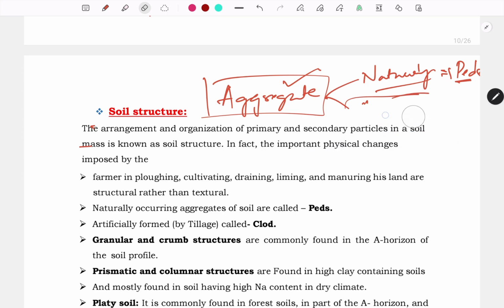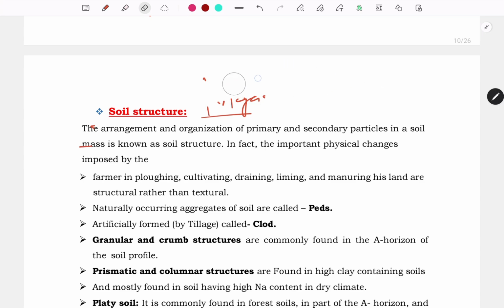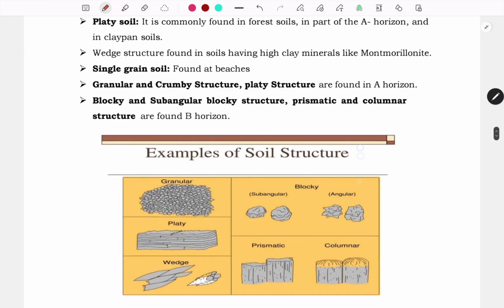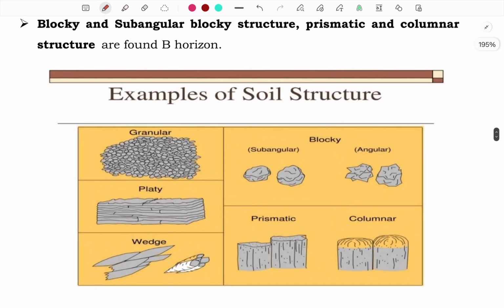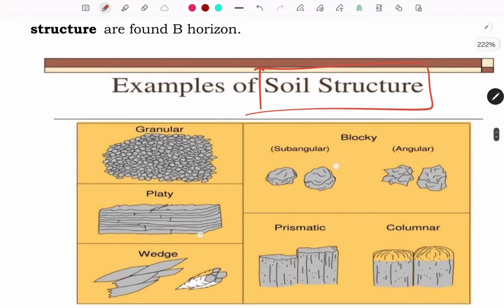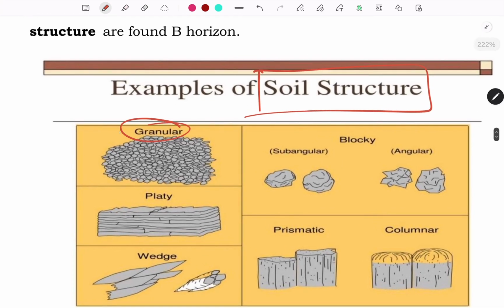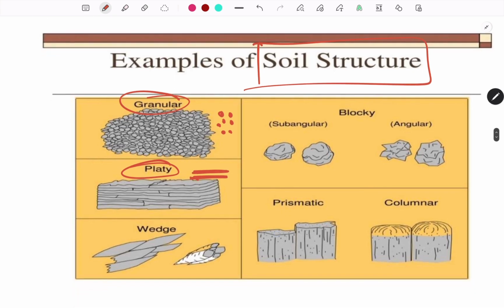And again in soil structure, there are different types. We can see the image here. See examples of soil structure. Soil can be granular, like grains. Soil can be platy, like flat, plate-like material.